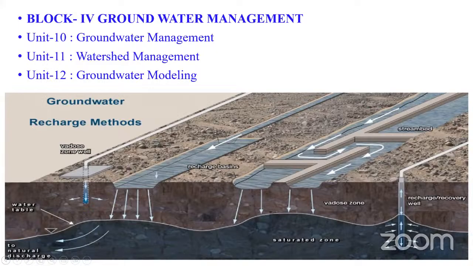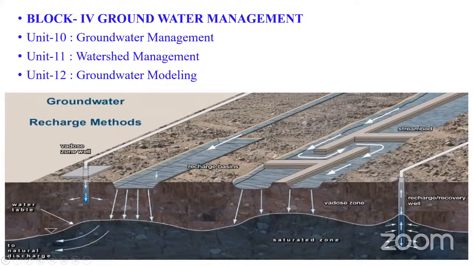In some areas, groundwater availability is less. In that area, we can suggest rainwater harvesting structures. With that, we can recharge more water and improve the groundwater quantity. So we have to maintain the quality and quantity of the groundwater. For quality, we have to avoid all types of pollutants.